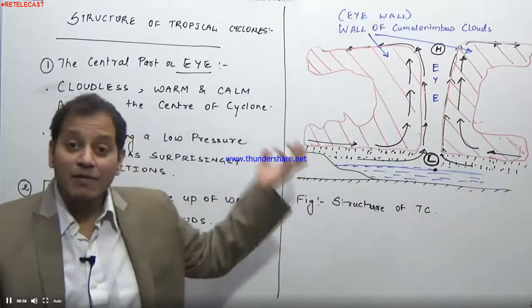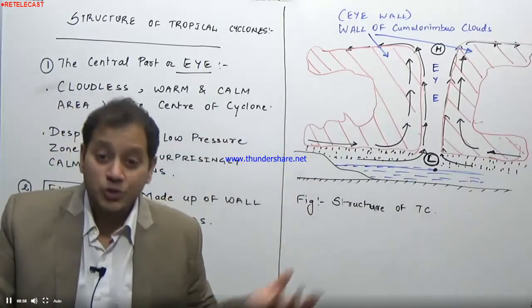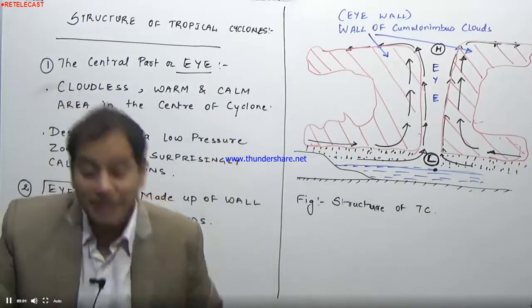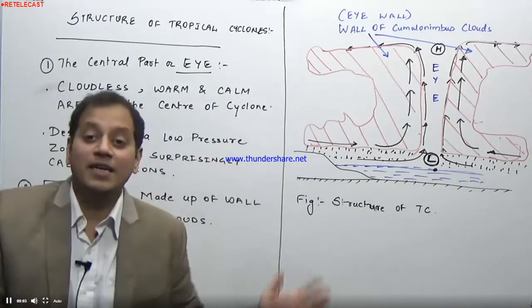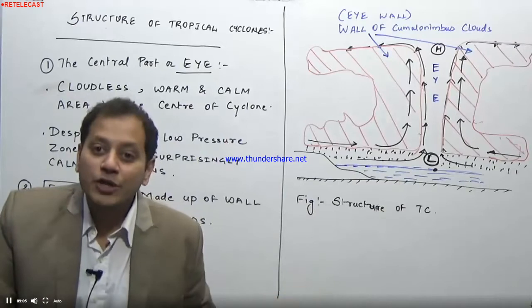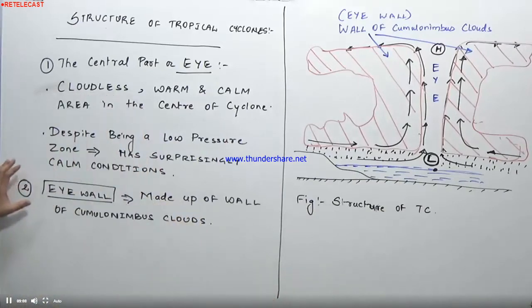That means this is an area where there are very, very strong winds, where there is very heavy precipitation along with thunder and lightning because of the formation of cumulonimbus clouds. So the eye wall is made up of a wall of cumulonimbus clouds.